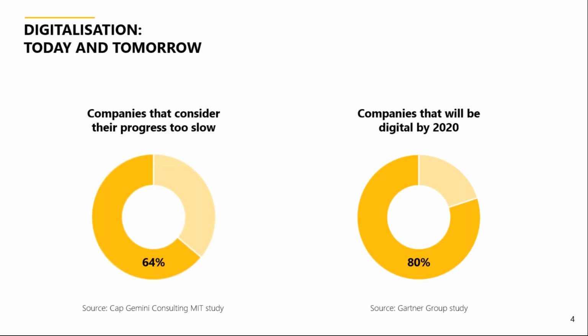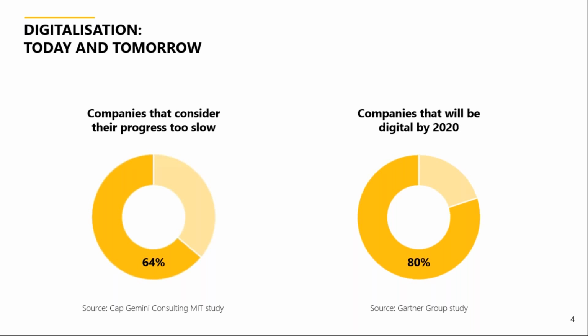This was taken from both an operational perspective as well as a strategy perspective. As we can see here, 64% of the organizations believe that they are not going fast enough on the digitalisation aspect within their finance companies.